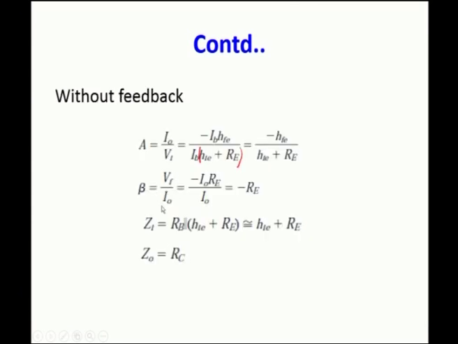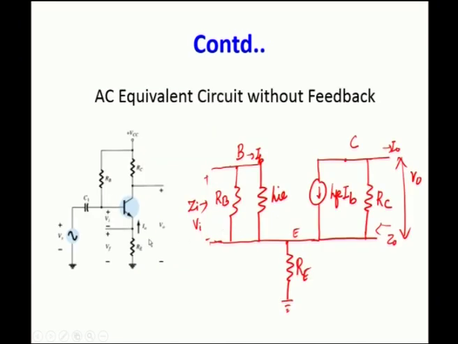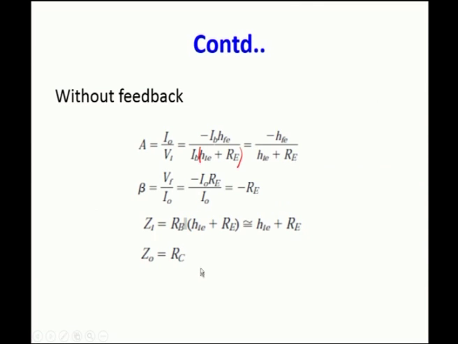So, Vf by I0, and Vf can be written as minus I0 RE, that is the voltage across the resistance RE. This Vf can be written as minus I0 RE because the I0 is reversed when you look at the polarity of the voltage here. So, minus I0 RE by I0, I0 cancels, it will be minus RE.